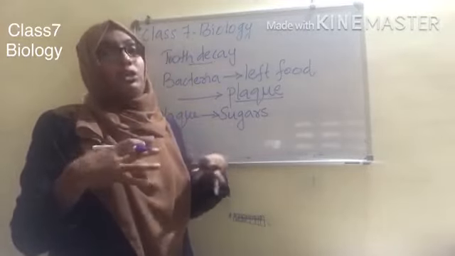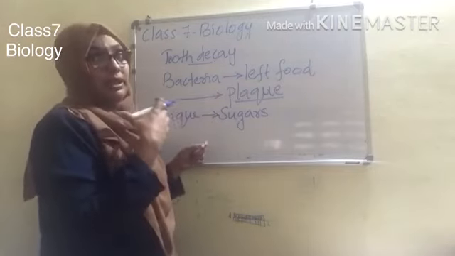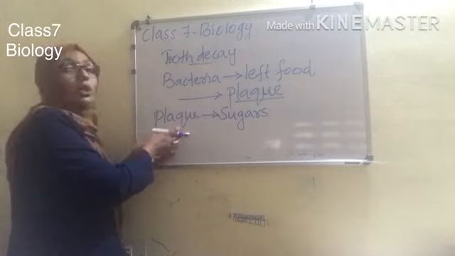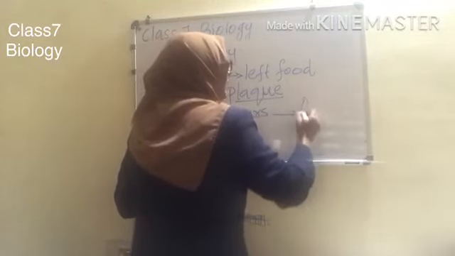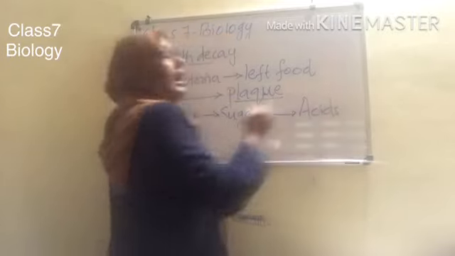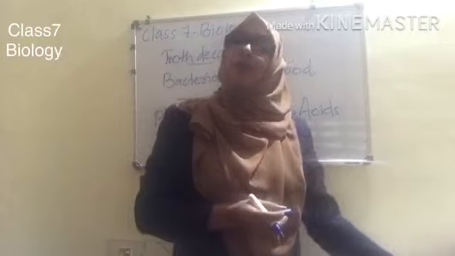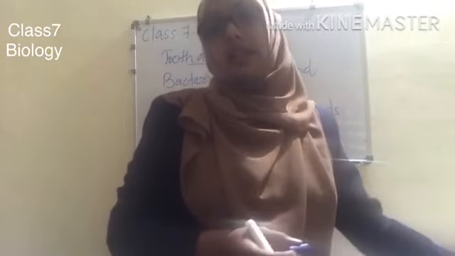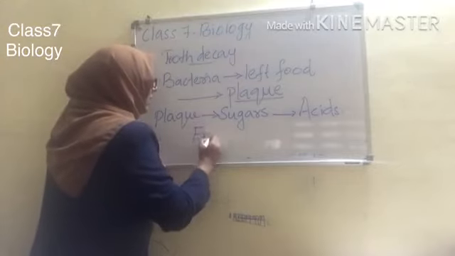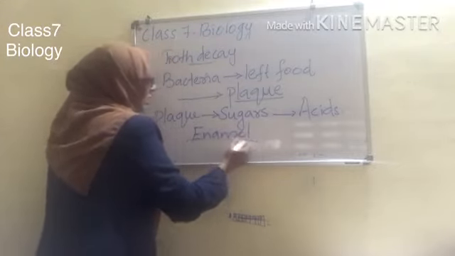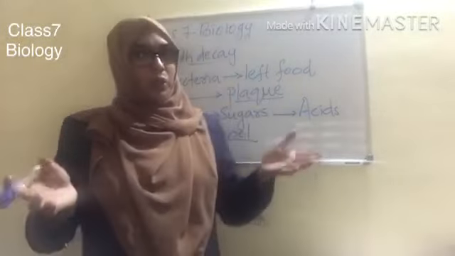If we eat sugars, any plaque present inside our mouth would react with these sugars and form acids. Acids are dangerous. These acids would react with the enamel. In the last class we studied enamel, the hardest substance present in our body itself.